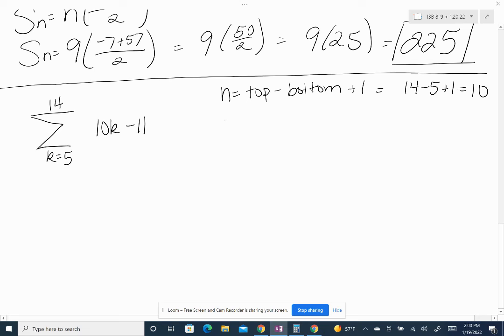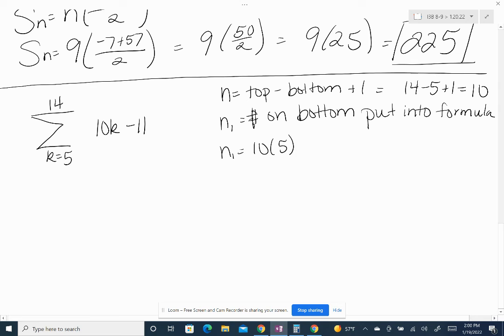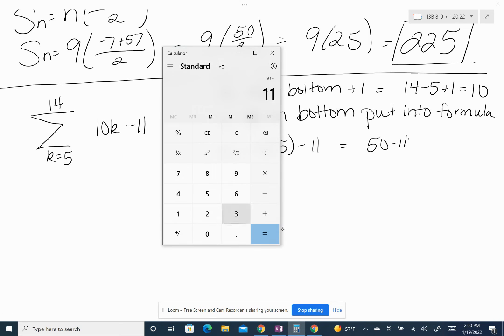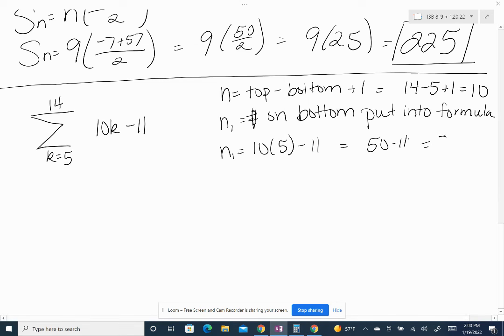And then our A1 is the number on the bottom, and you put it into the formula. So A1 is equal to 10 times 5 minus 11. That's going to be 50 minus 11. That's going to give me 39.